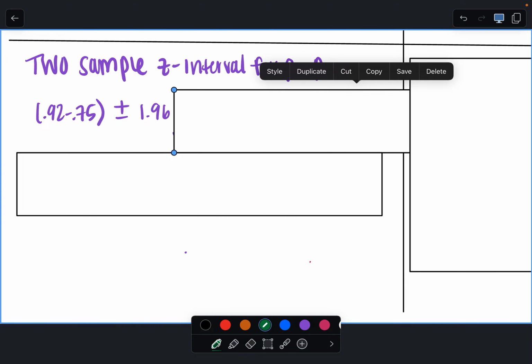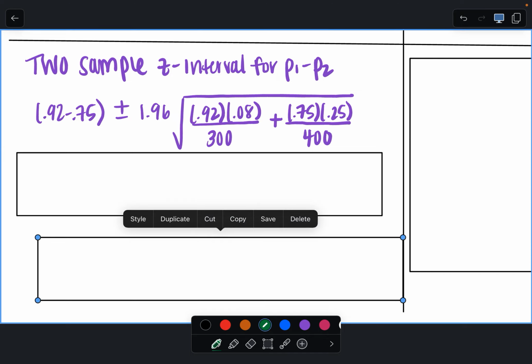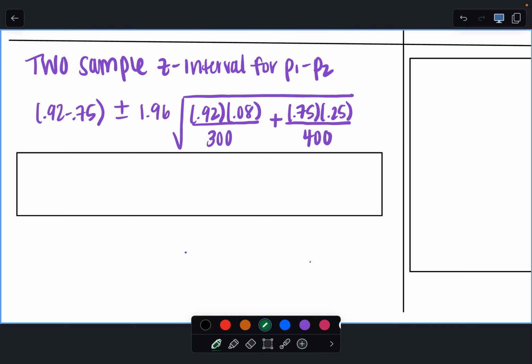And then I'm going to fill in the standard error. This is technically the standard error only because it is being calculated based on a sample and not on a population value. So if you get questions that ask you, what is the standard error? It is just the square root part of this formula.